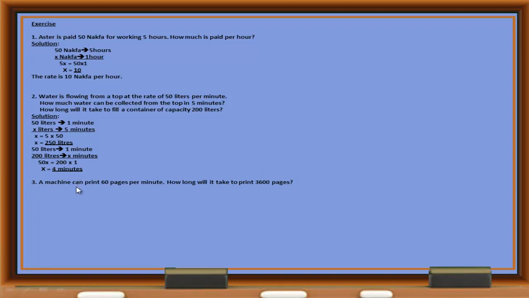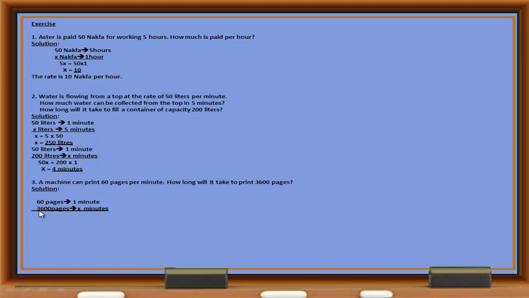Number 3. A machine can print 60 pages per minute. How long will it take to print 3600 pages? Solution. In 1 minute, the machine can print 60 pages.